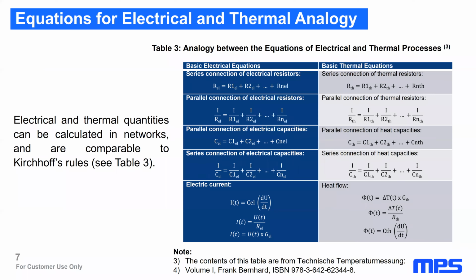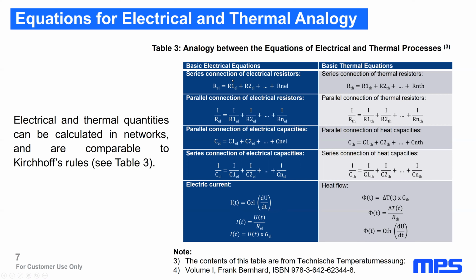It is important to know electrical and thermal quantities can be calculated in networks. They are comparable to Kirchhoff's rules. We know the basic electrical equations, for example, the series resistors, parallel resistors, capacitors, and the current.